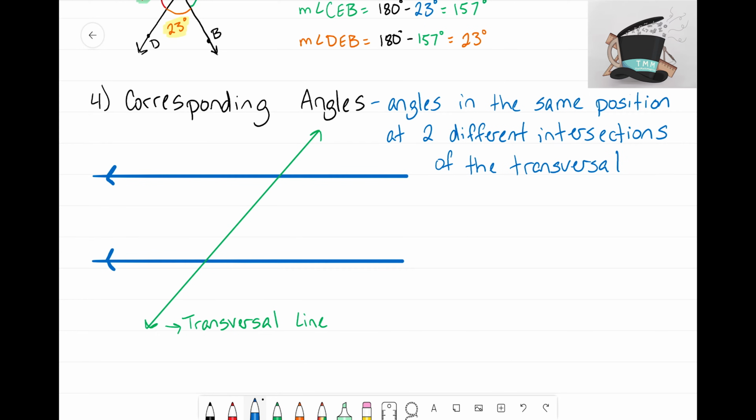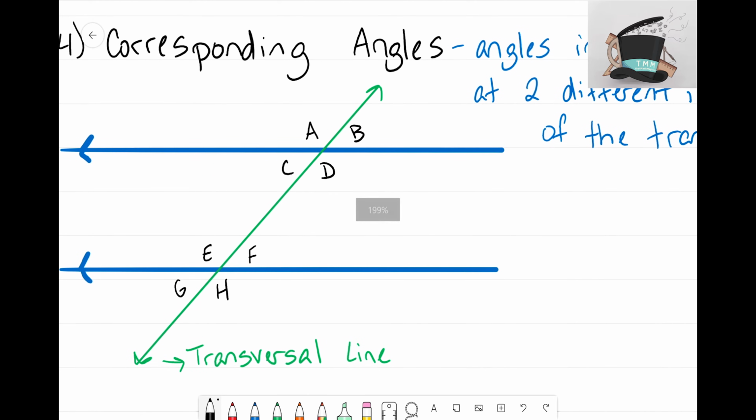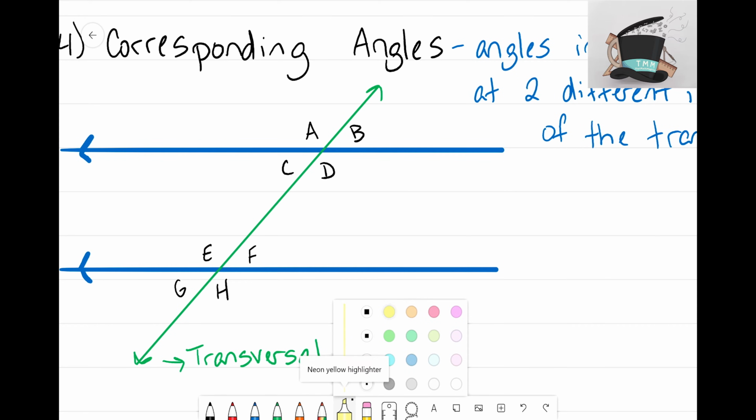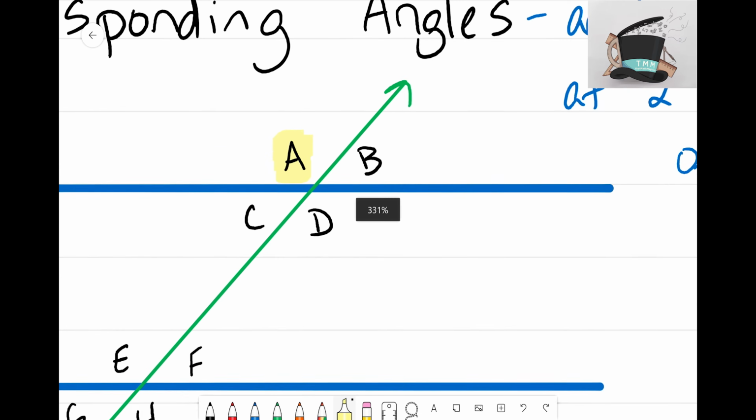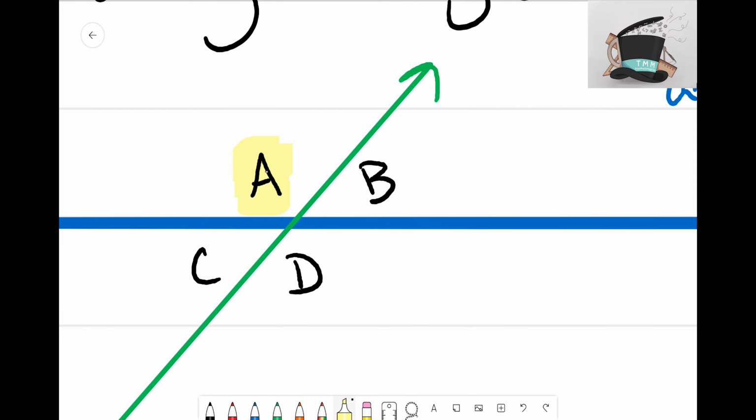So let's take a look at our diagram and see how these corresponding angles show up. I'm going to write in letters for all of these angles inside this diagram so we can talk about how these angles work. Let's zoom in. Let's say I want to shade in A, and I'll shade it with my yellow highlighter. If I focus on the top here, A and D are going to be equal.